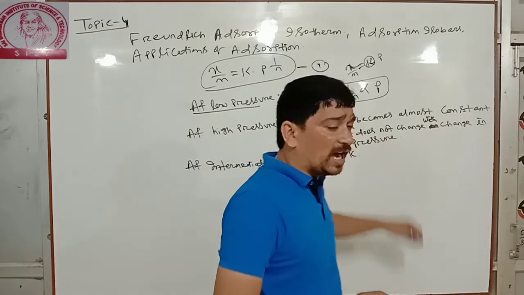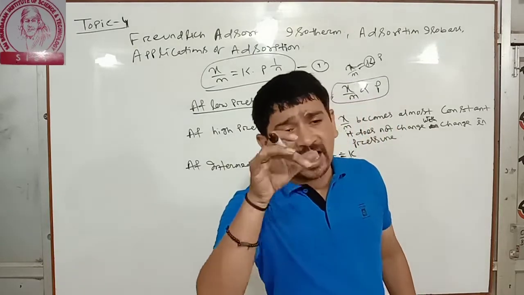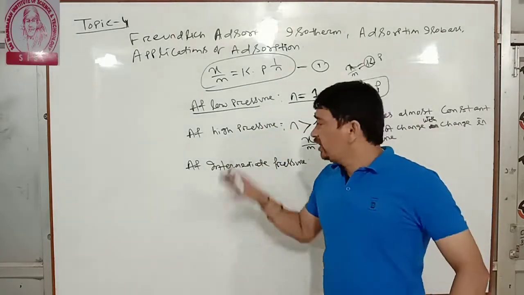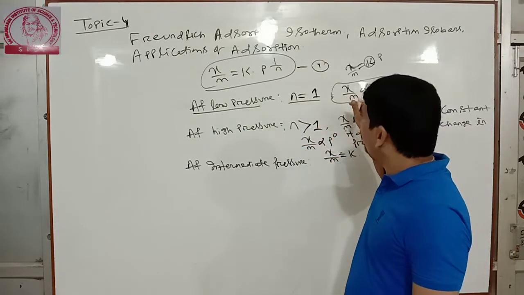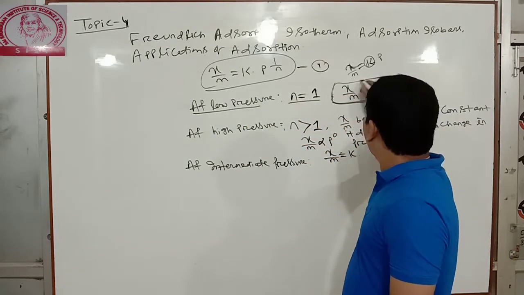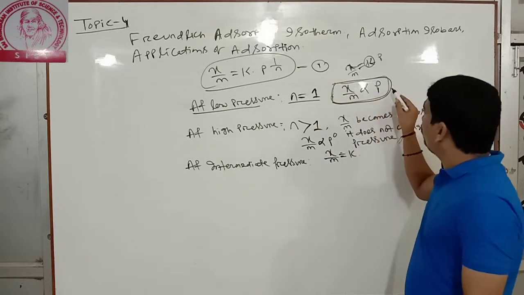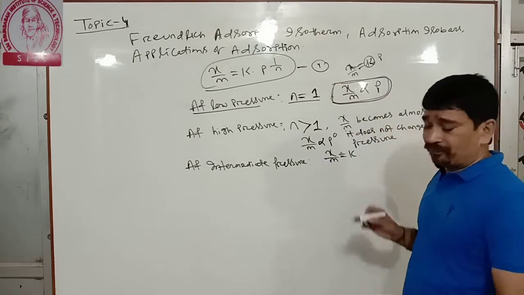These are the conditions for high pressure and low pressure. At low pressure, n equal to 1, x/m is directly proportional to p.